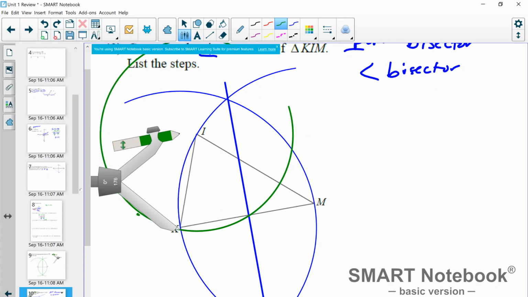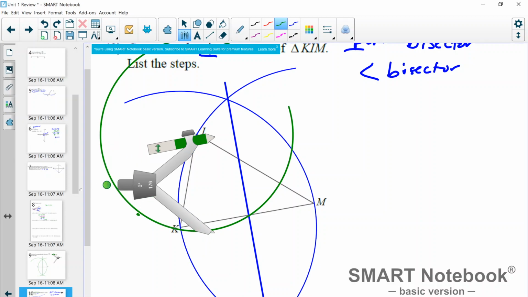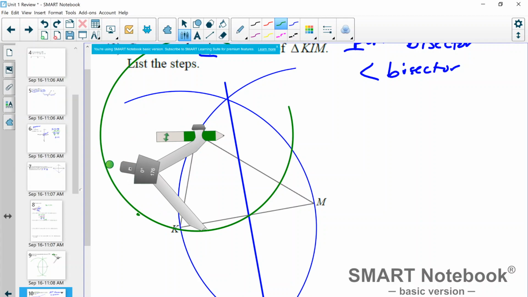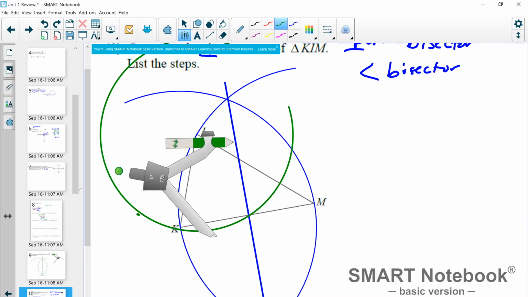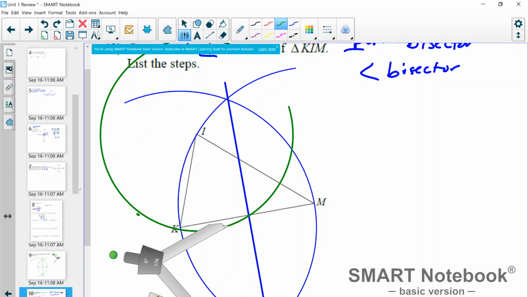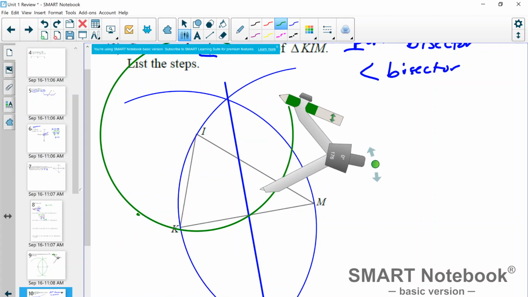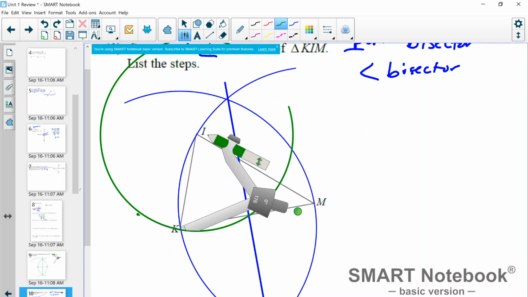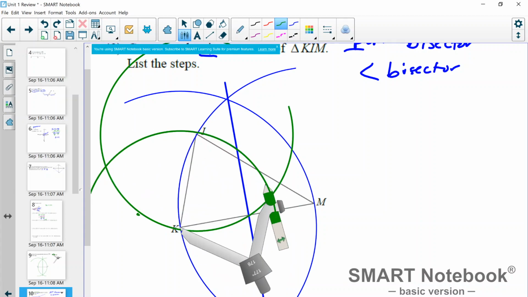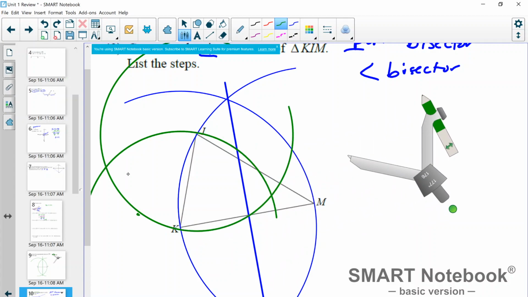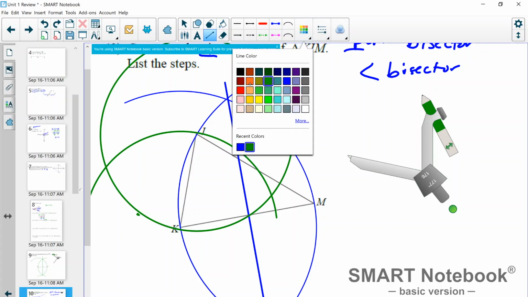So that way your bullseye is on point K, pencil is on point I. Once you're happy, you make a mark. And notice now my green arcs have 2 points of intersection, so I'm going to draw a line through those.